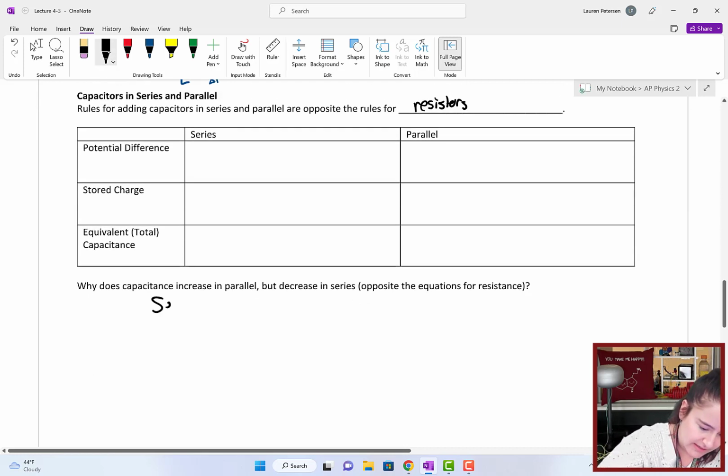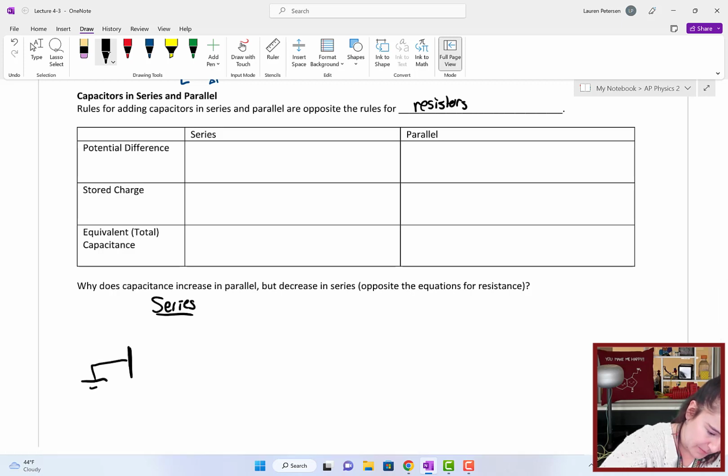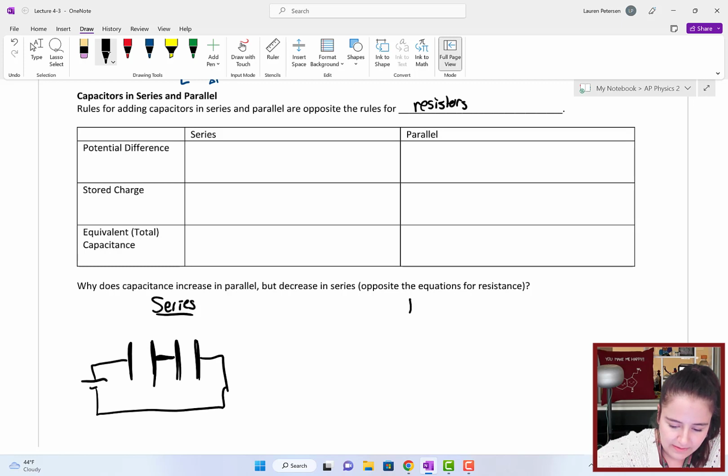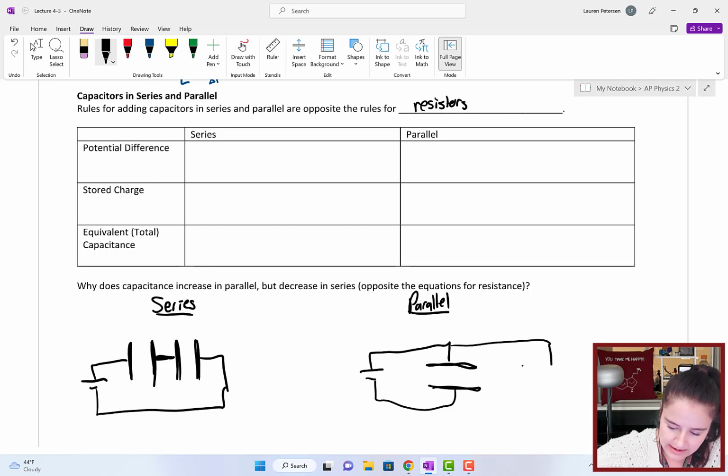First let's draw the series. We have our battery, and then a capacitor here and a capacitor there. In the parallel, we'll have the battery and a capacitor here and a capacitor here.